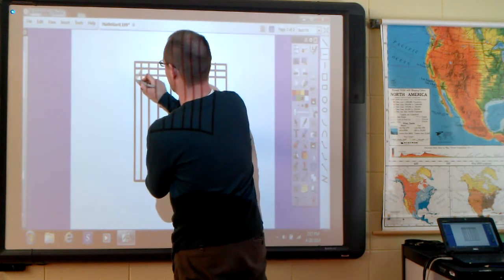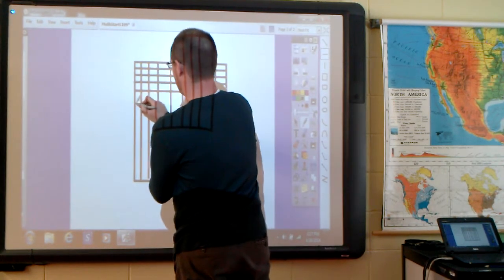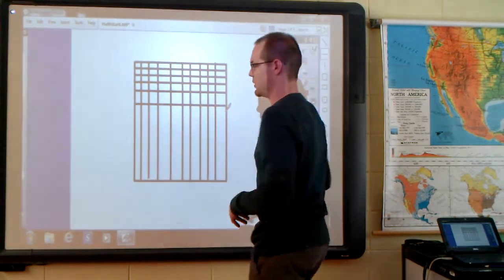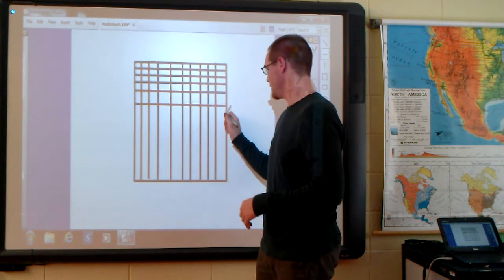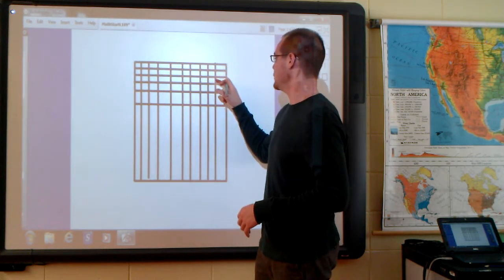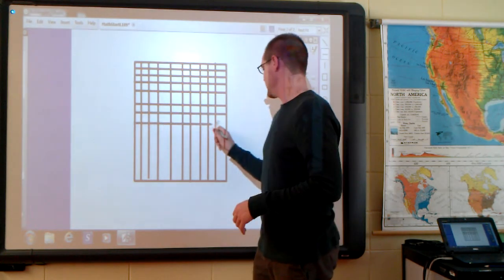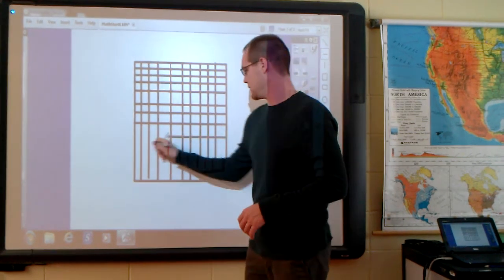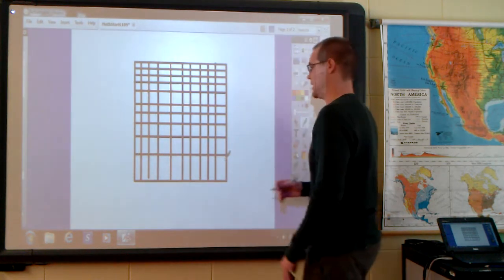1, 2, 3, 4, 5. I'm starting to realize that my tenths are too small, but I think you'll get the idea. 1, 2, 3, 4, 5, 6, 7, 8, 9, and actually this is my 10th piece here.